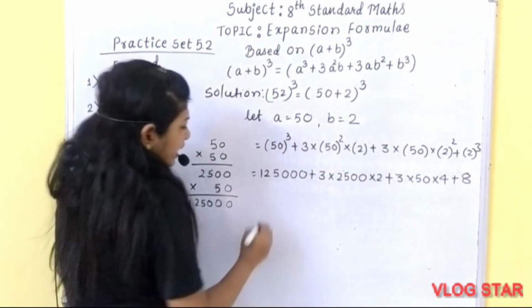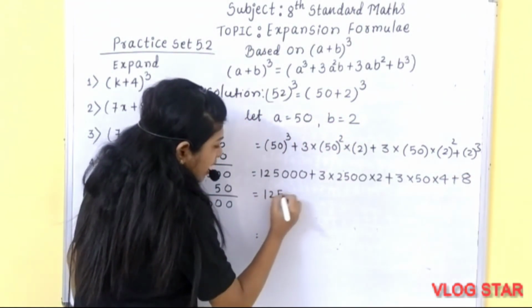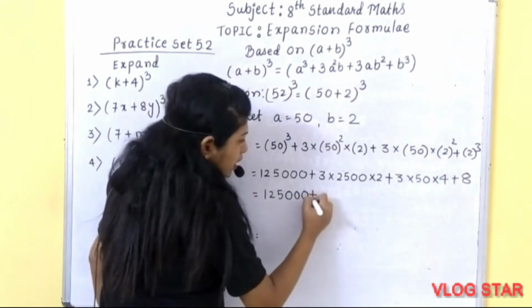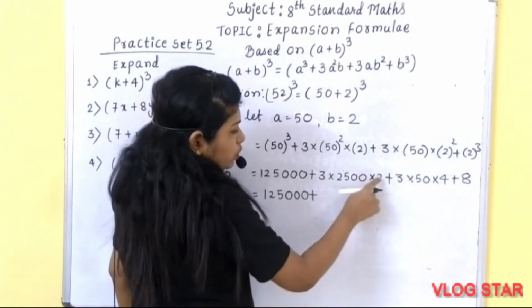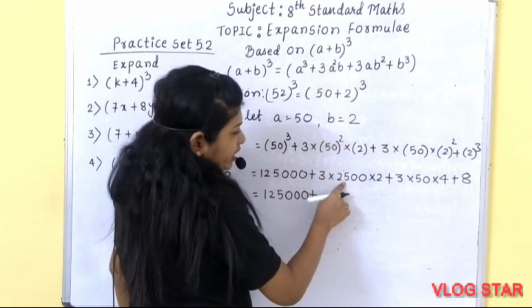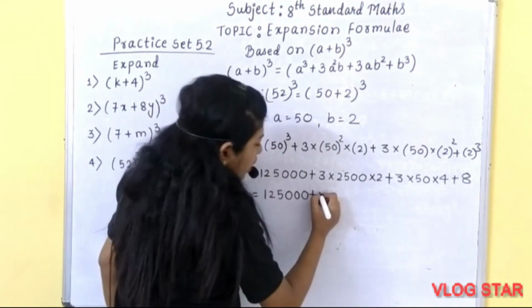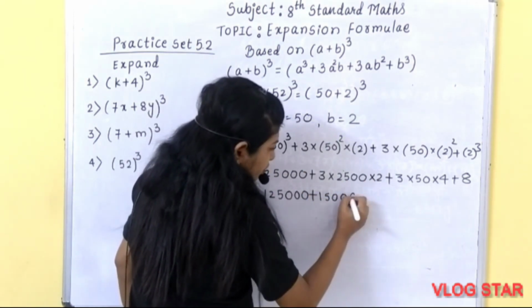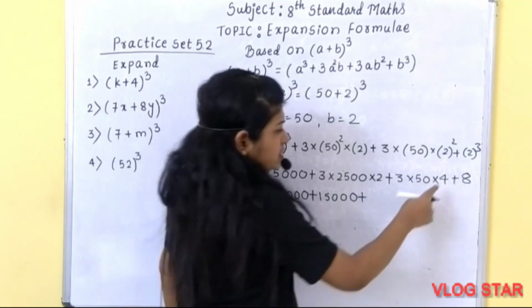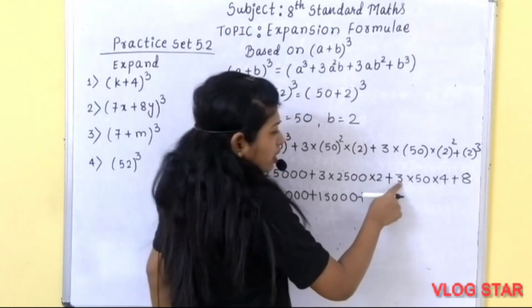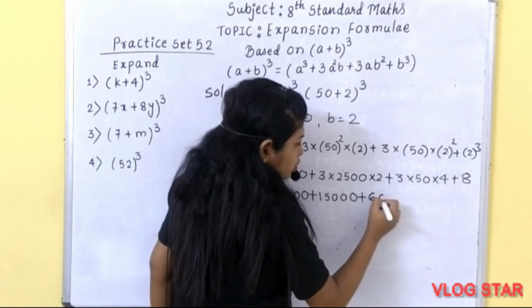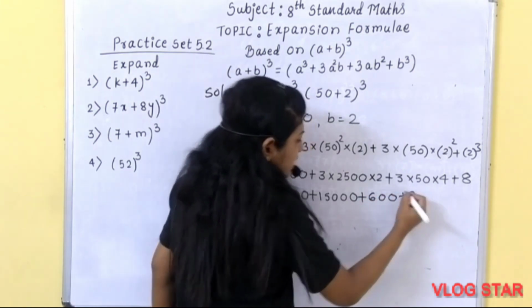So what will you get? 125000 plus here 3 2s are 6, 25 6s are 150, so 15000, plus 4 3s are 12, 12 5s are 60, so 600, plus 8.